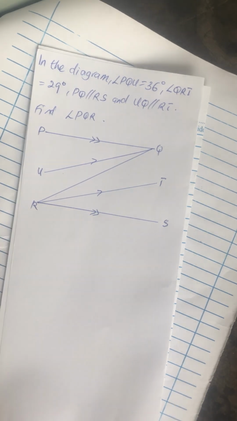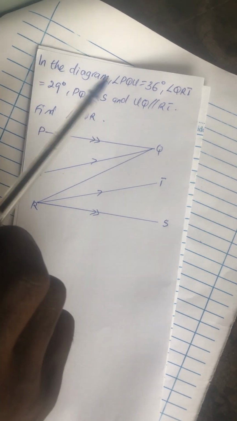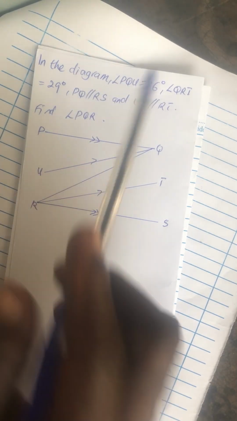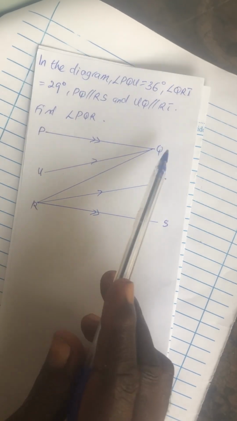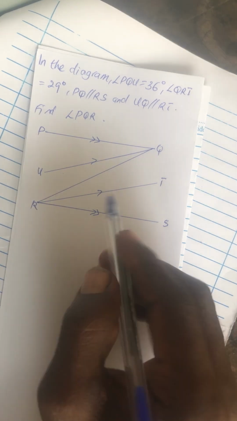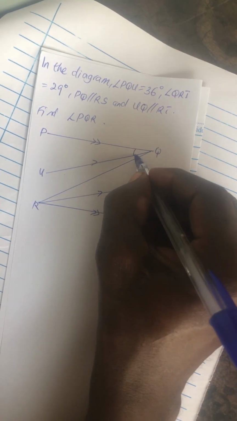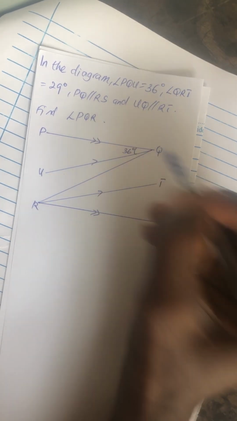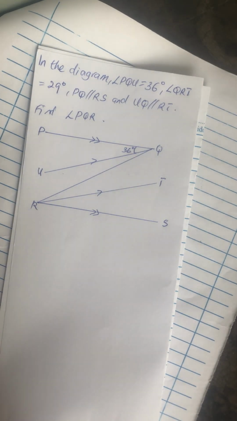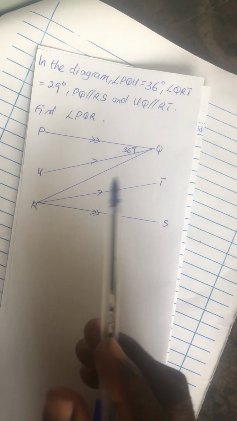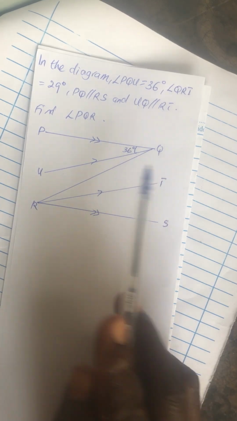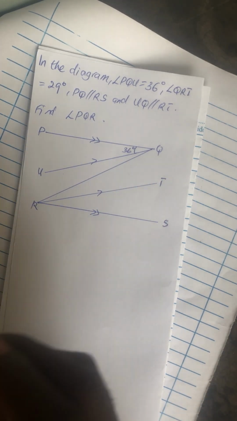Let's identify the diagrams given from the statement. Angle PQU is 36. Let's put the angle there. This is the angle. Angle QRT is 29 degrees.